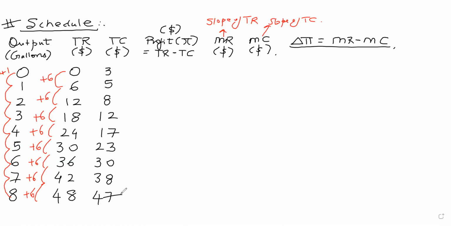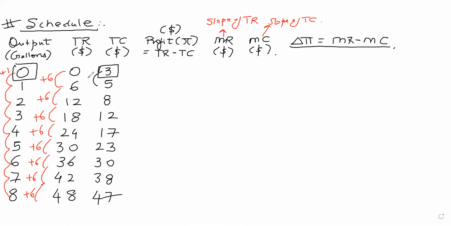Now, if all of you can recall, the total cost curve starts from total fixed cost. So if I ask you guys, what is the total fixed cost? Total fixed cost is nothing but $3. Because if you recall from my lectures on firm theory, at 0 level of output, total cost and total fixed cost are the same. And then you can see total cost is following the same pattern as total variable cost.